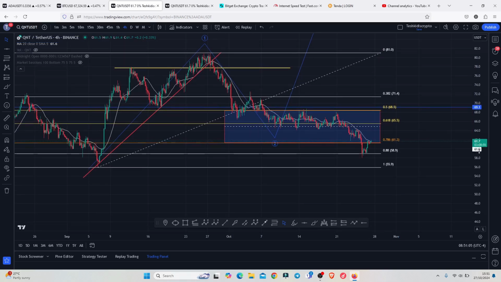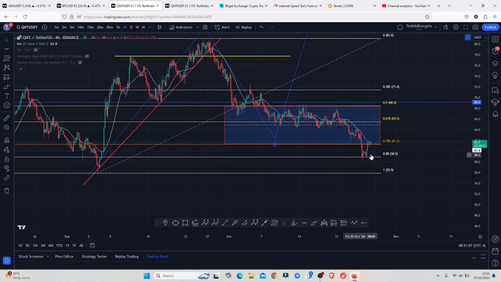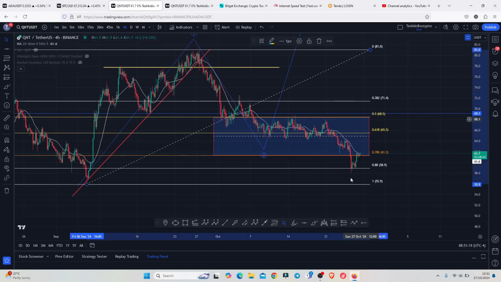And you can see that in our recent breakdown move, we saw a break to the lower side of the fib level 0.78, and at some point on the fib level 0.88 we found support, and at the time of this recording we are seeing a bit of a short-term bounce to the upside, trying to give us a break back into our key area of support over here.